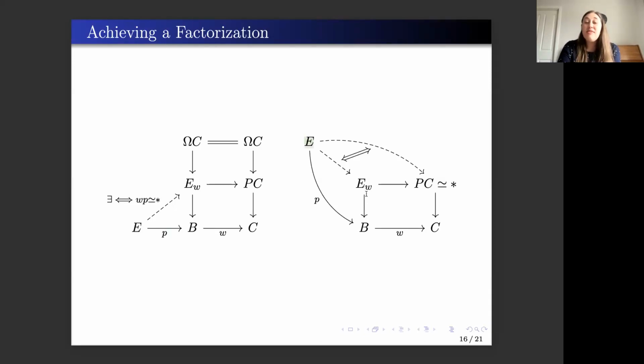You can see that a lift from E to EW exists if and only if there's a map from E into the path space of C, which is contractible, making this diagram commute. So if I go from here to here and here, that's a pointed null homotopy of the composition of W and P. So you can hopefully be convinced.